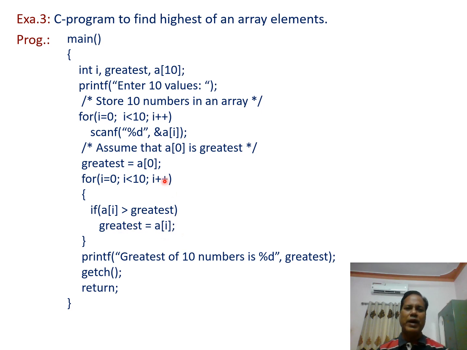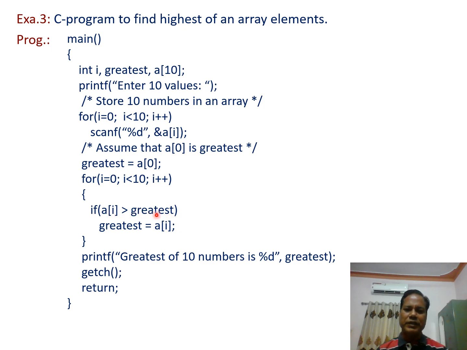Then the value of i is incremented. This becomes 1. 1 is less than 10, so the condition is true. Again, while executing the body of the for loop, A[1] represents the second value. If the second value is greater than greatest, so the second value is compared with the greatest value.